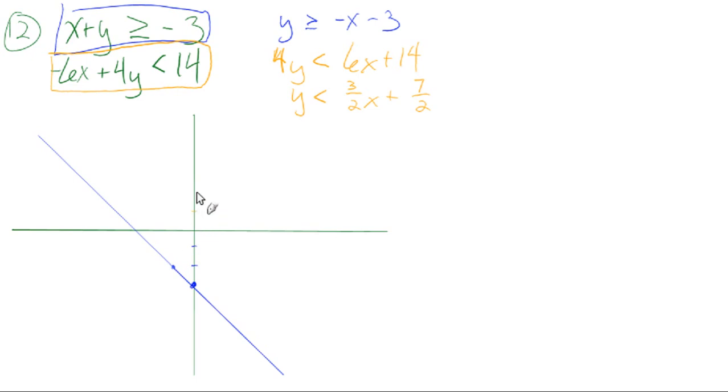And 3 halves is our slope, so I'm going to go down 3 and to the left 2. And this needs to be a dotted line because it is strictly less than, not less than or equal to.